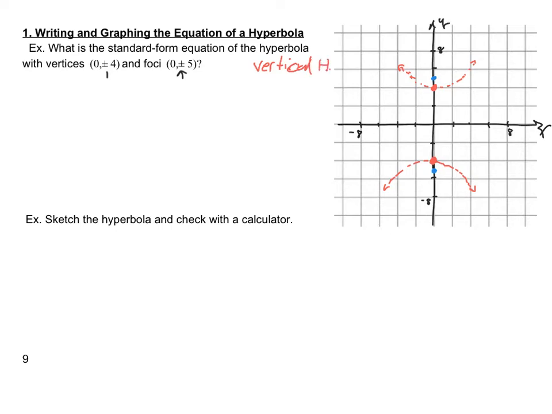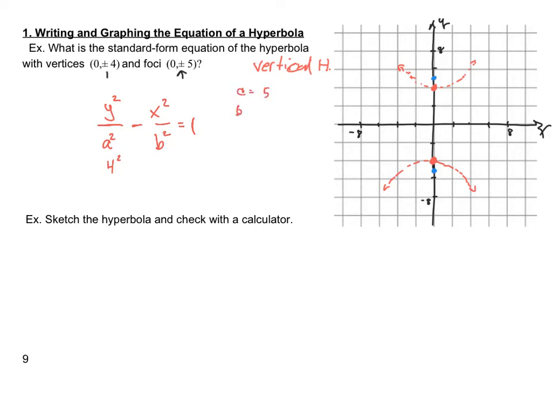So my function is going to be y squared over a squared minus x squared over b squared is equal to 1. And we know then that A is going to be my vertices, so A is going to be 4. So we're going to have 4 squared, and we know the value of C, my foci, is 5.